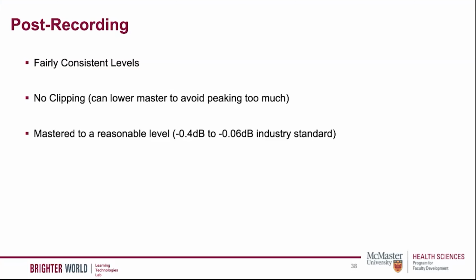So mastering, if you do this in a digital audio workstation, you have the option to master your recording. And what that means is that's going to determine your overall peak levels. What is the highest point of your speaking volume that you hit? And the best practice for industry standards is -0.6 decibels.